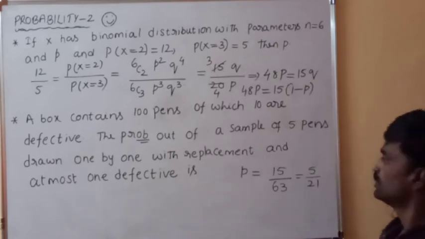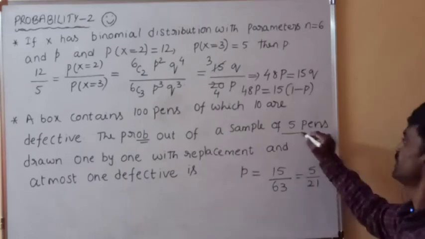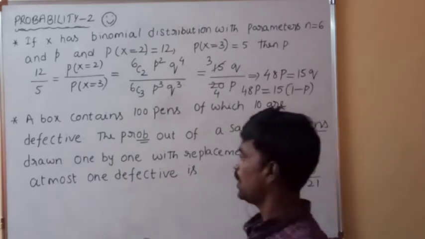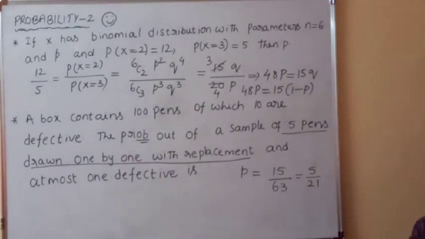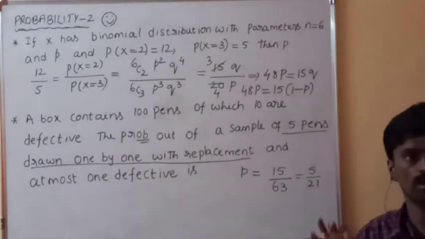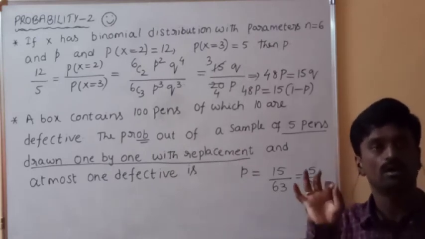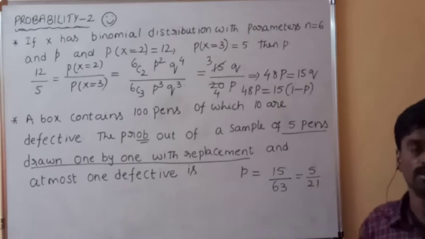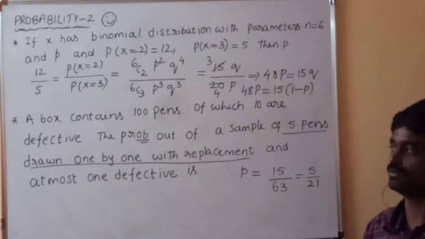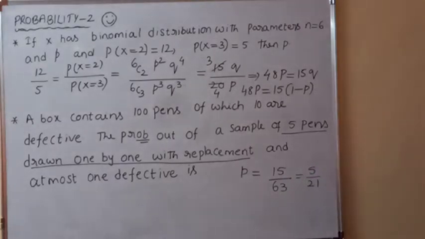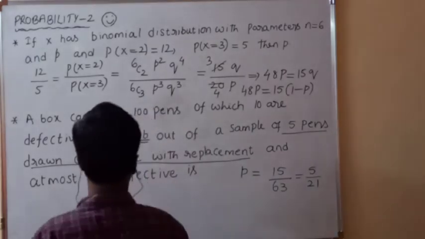So out of a sample of 5 pens, that means the n value is 5, drawn one by one with replacement. That means we are drawing the pens one after another with replacement, so clearly the trials are independent. So we can use the binomial distribution with n value 5. Now the question is, at most one is defective.